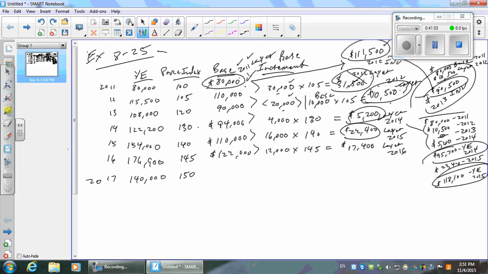I only have 140,000 year-end inventory. That's year-end prices. Everybody knows what that is. That's year-end dollars. The index is 150 compared to my base year. Things cost 50% more than they did in 2011. It's 2017.